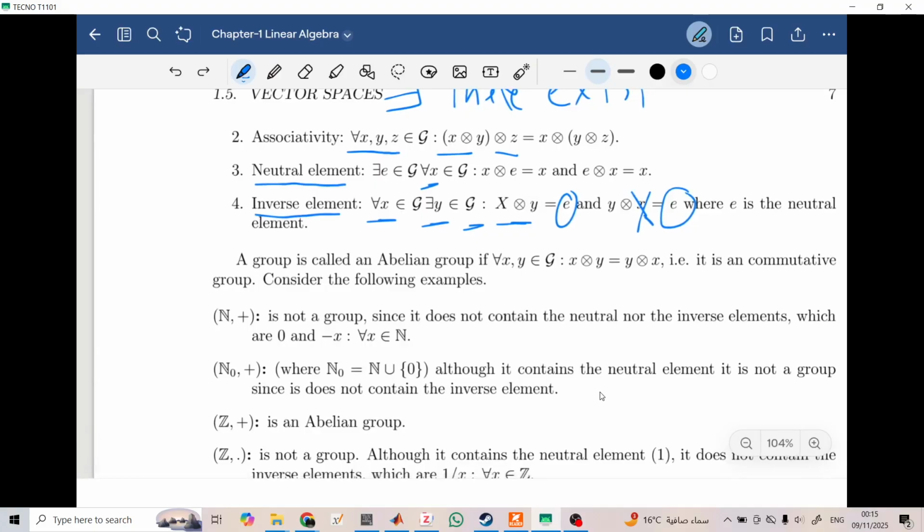The first one says that the natural numbers and addition on natural numbers is not a group. Why? Now we need to check the 4 conditions: the closure, associativity, a neutral element, and the inverse element. The existence of a neutral element and existence of an inverse element.